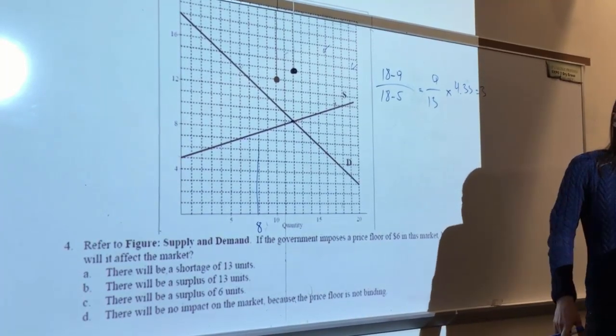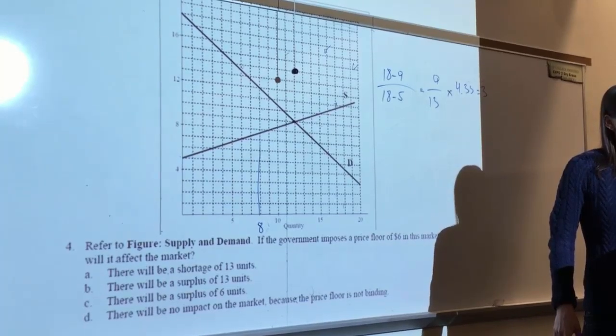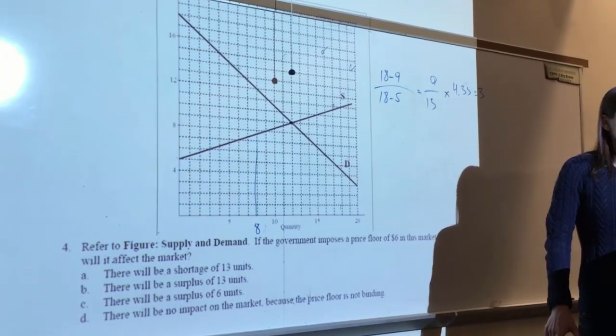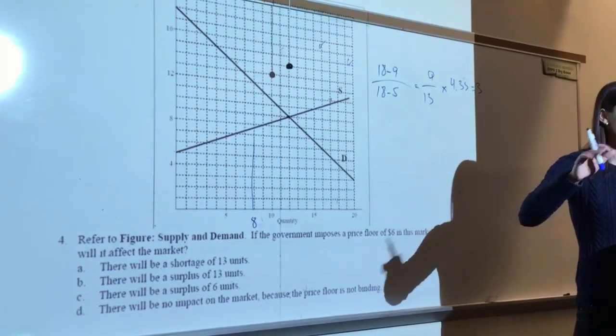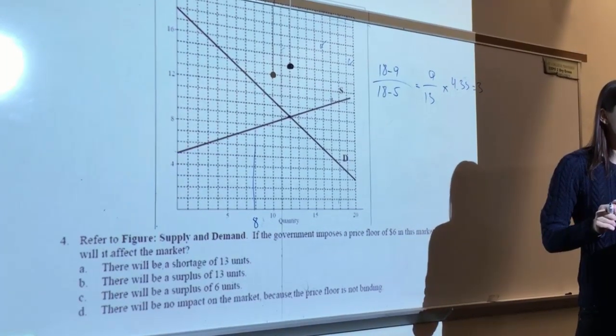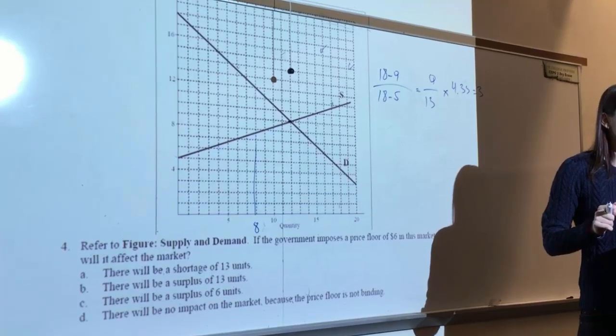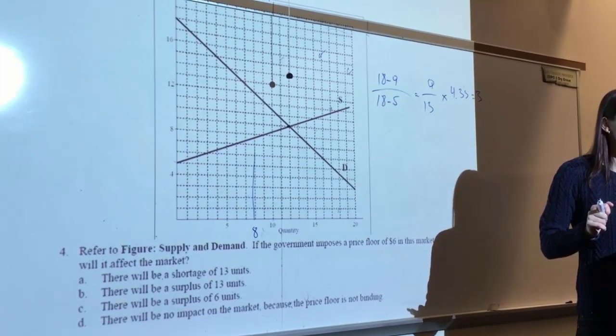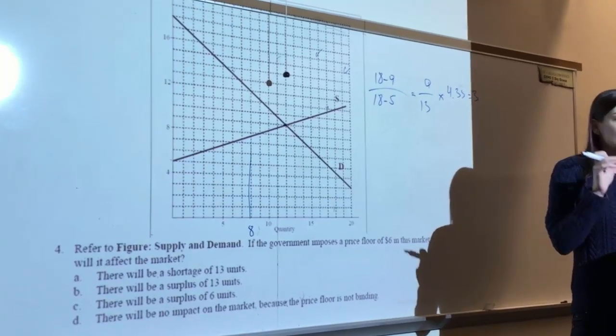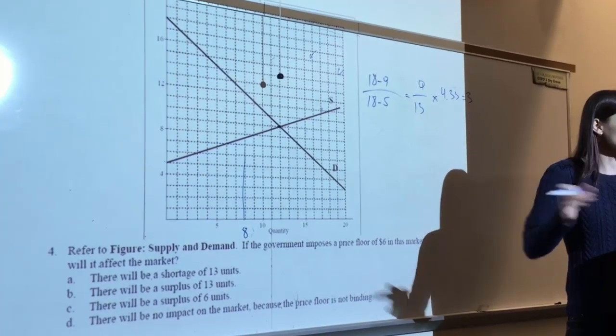What was the equilibrium price in this market? $9, right? Now we have a price floor of 6, which means that we cannot sell this product for less than $6. It's not binding, because the current equilibrium of $9 is still legal.